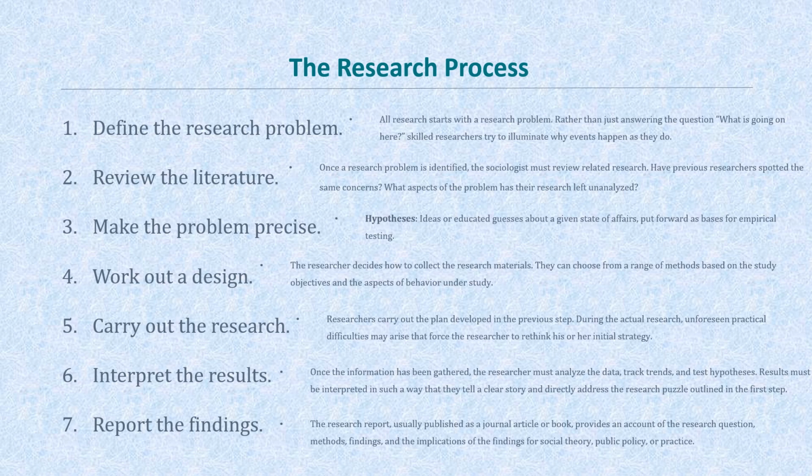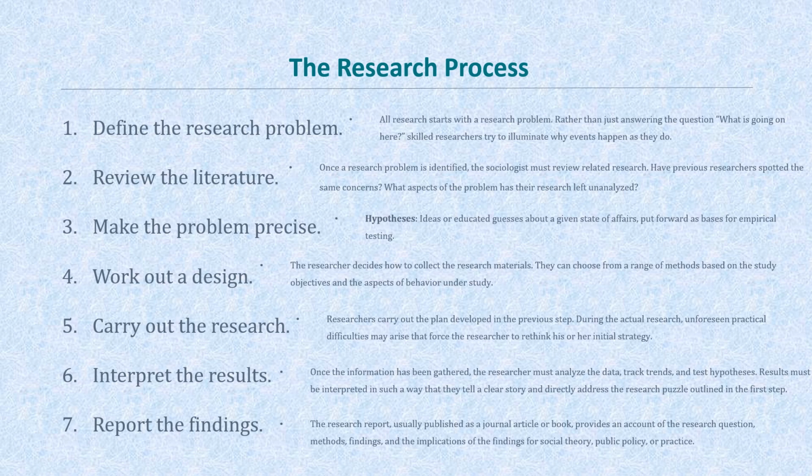Once the research is done, now comes the task of interpreting the results. Once information is gathered, the researcher must analyze the data, track the trends, and test the hypothesis. Results must be interpreted in such a way that they tell a clear story and directly address the research puzzle outlined in the first step.